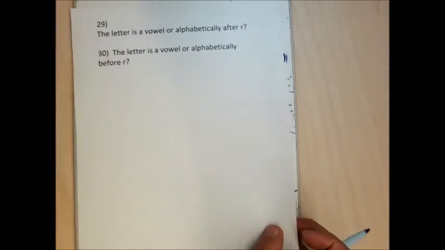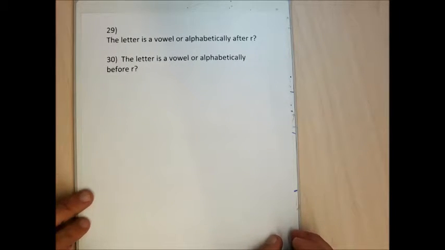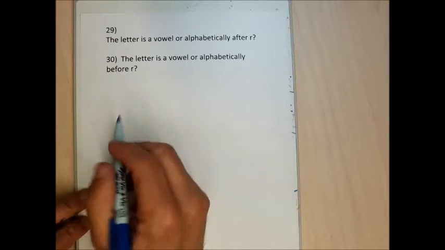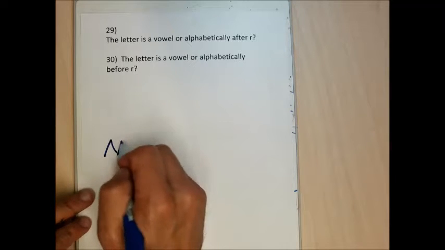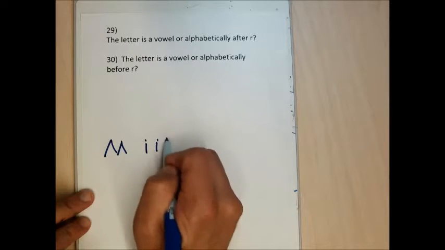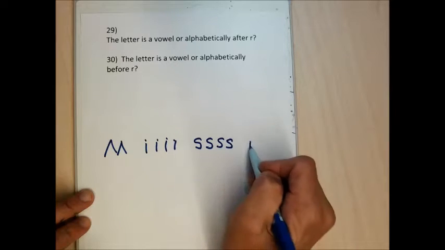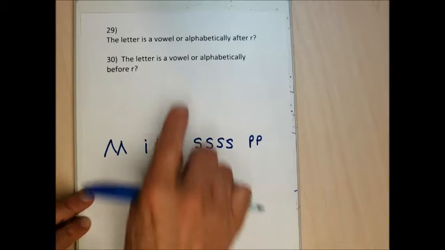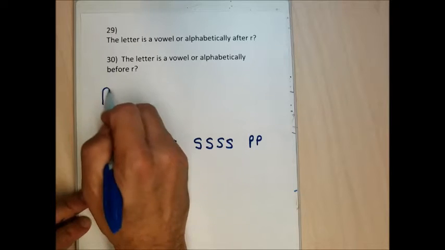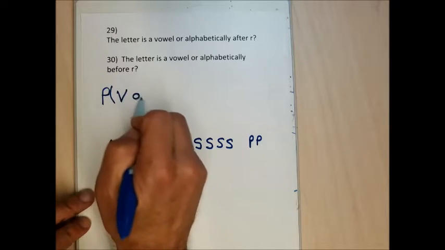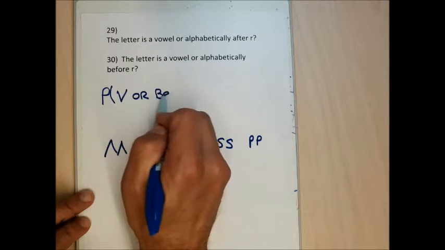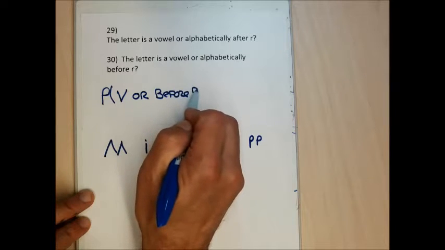I don't like problem 29 so much, nor do I like 30. Yuck. So let me try this again. So M, 4 I's, 4 S's, and 2 P's. So for 30, what's the probability that I get a vowel or a letter that's before R?